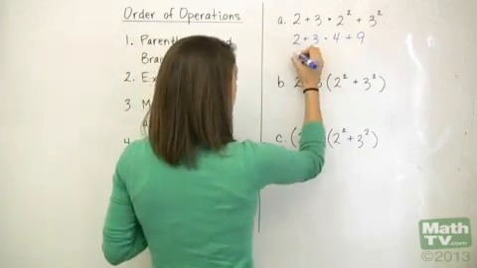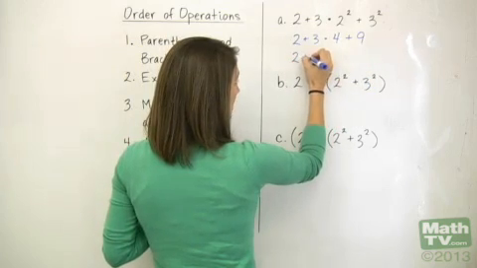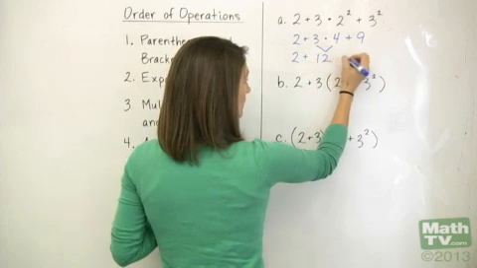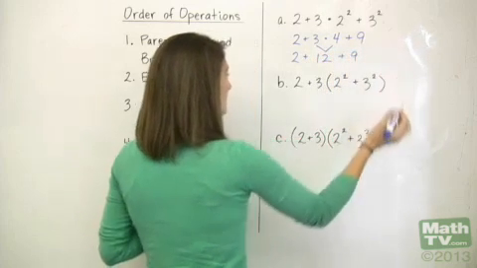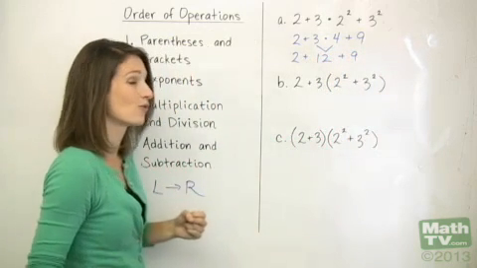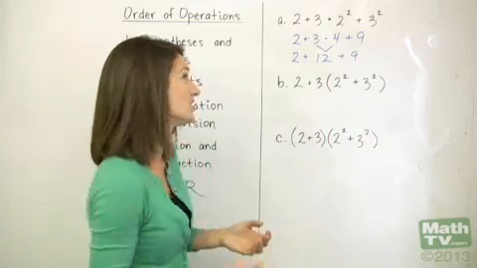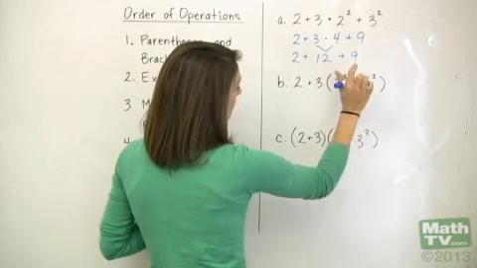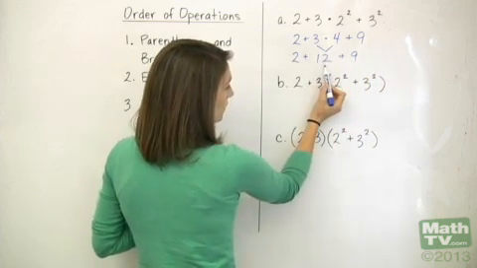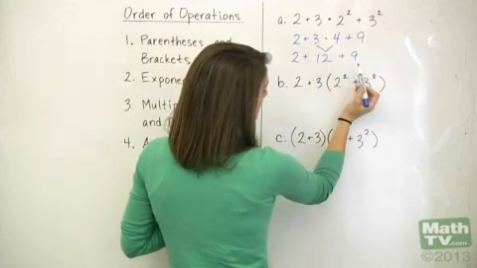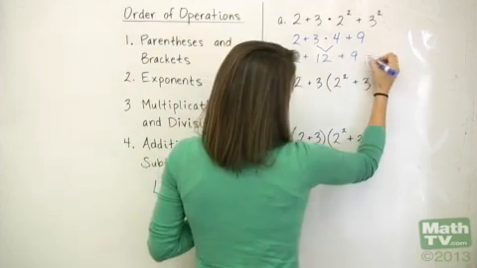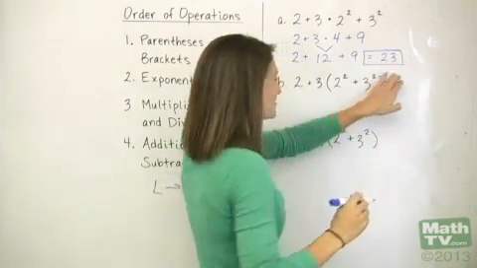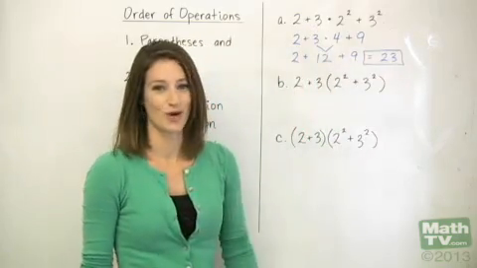So we're going to bring down our 2. We're not going to work with that just yet. And we're going to find the product of 3 and 4, which is 12, and then bring down our 9. Now we can move on to our final step of the order of operations and work our addition. Again, we're going to move from the left side of the problem to the right side of the problem. So we're going to add 2 plus 12 is 14, then 14 plus 9, which is 23. So 23 is our answer when we simplify our first problem.